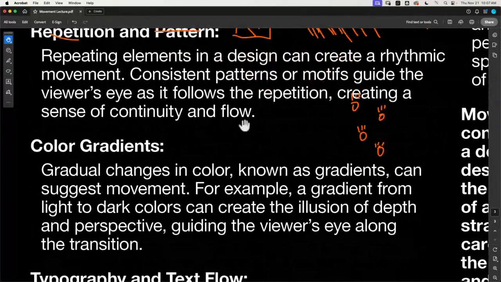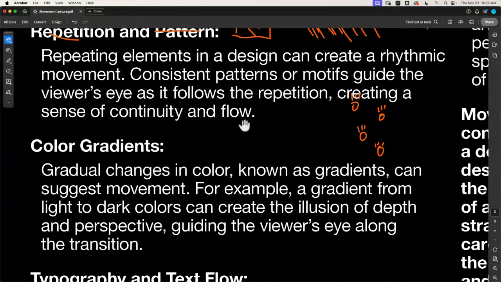Gradients. Gradients have that softer version of getting us to view from one side to another. Think of landscape paintings when it goes from dark sky at the top to light sky at the horizon. That's just a standardized way of looking, because if you're looking up high, there's less atmosphere refracting light than there is toward the horizon.